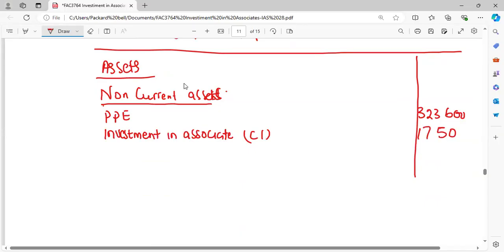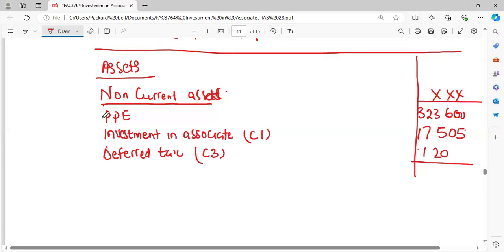That's the investment in the associate. Then what else? We had the deferred tax asset here, so we need also to take it here. Deferred tax at 120. Right, then we'll have your total non-current assets.